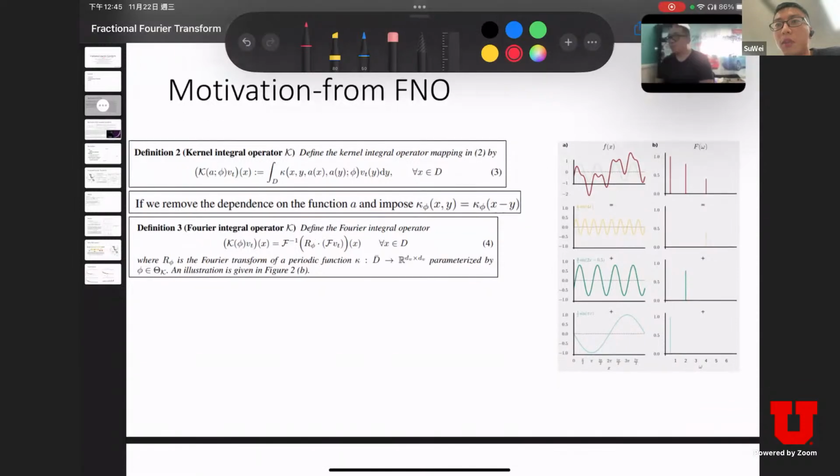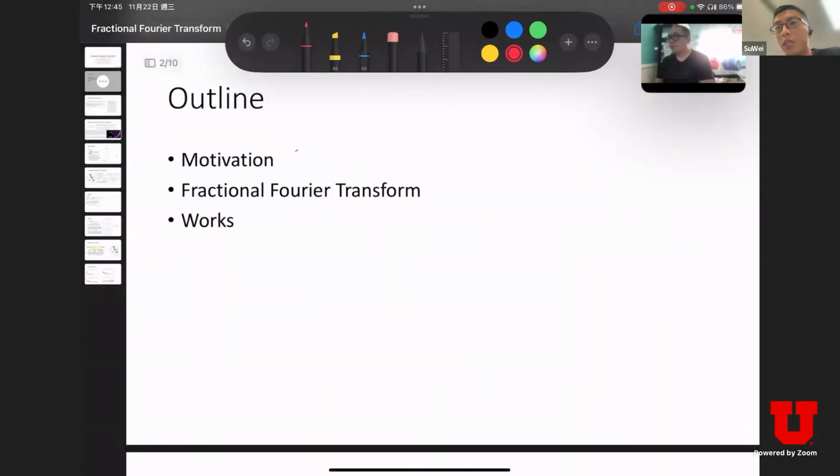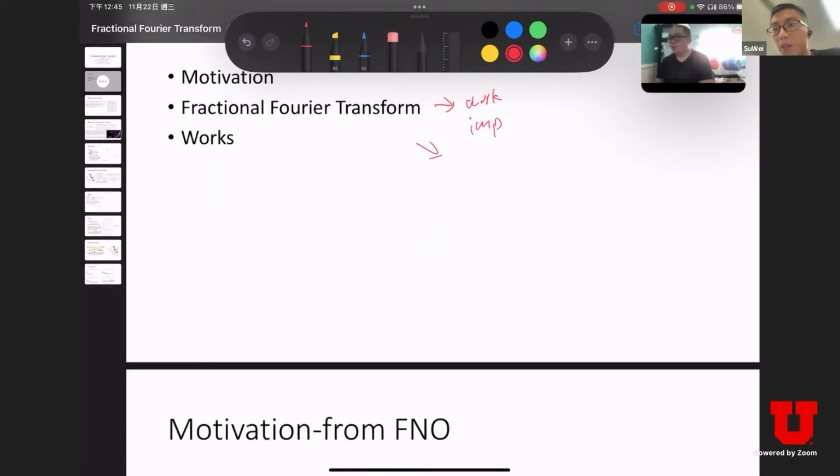And afterwards I will talk about how it works, how to implement it, and what people did during the period.